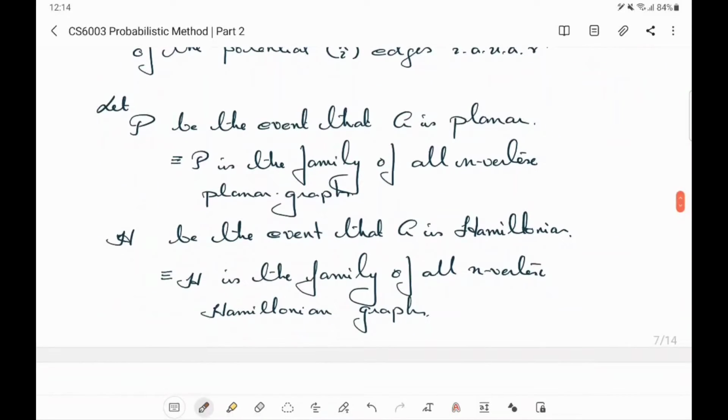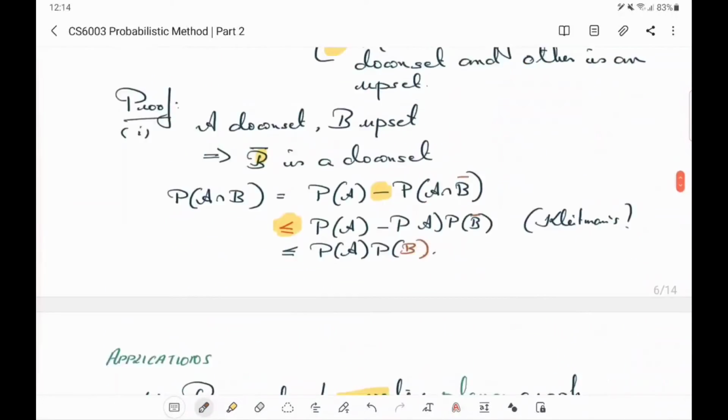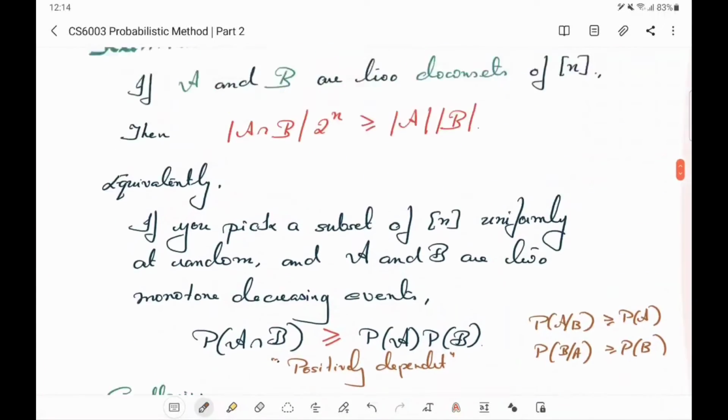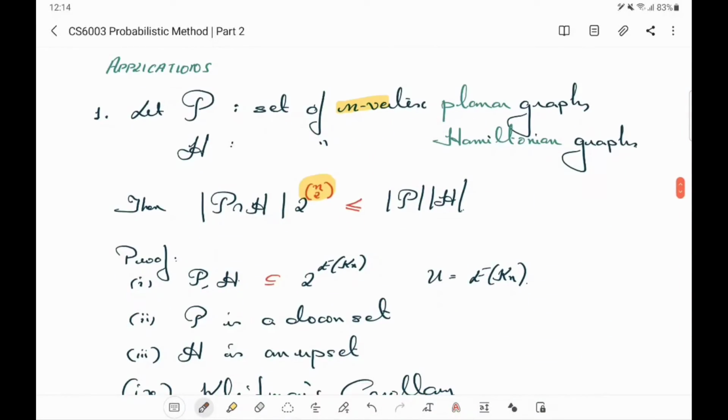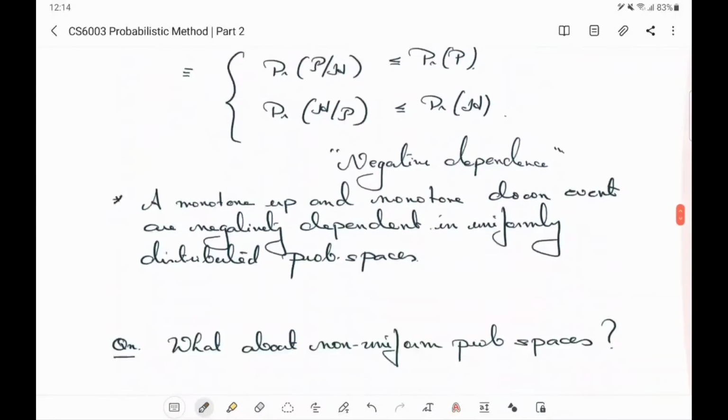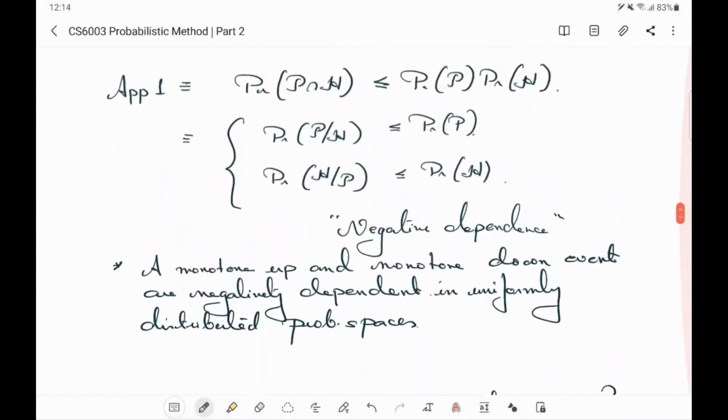And now this P, the planar graphs, we can model it as the event that G is planar. The only thing I want you to realize is that these are the same objects we are referring to. In the earlier case, P was the set of all n-vertex planar graphs. Here we are calling the same P an event.